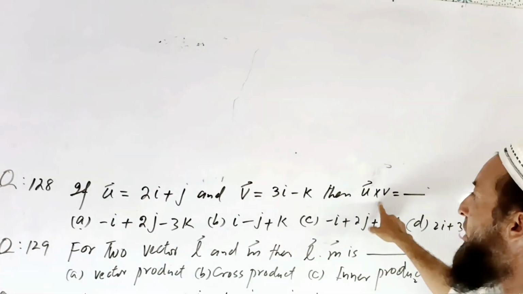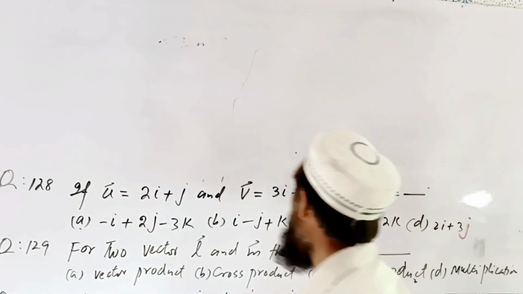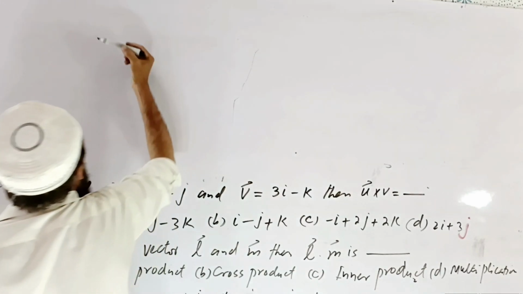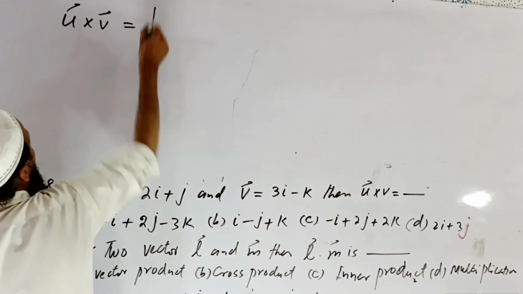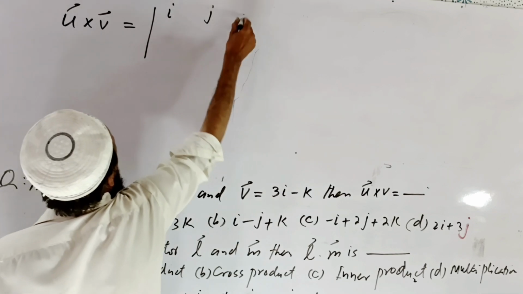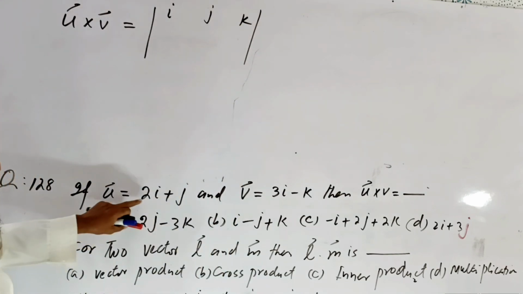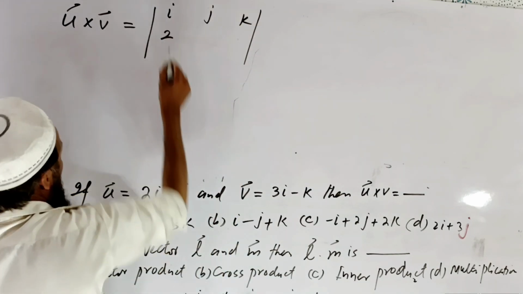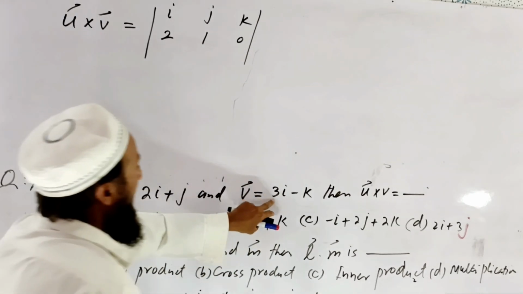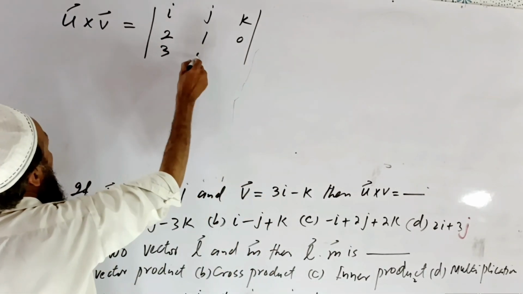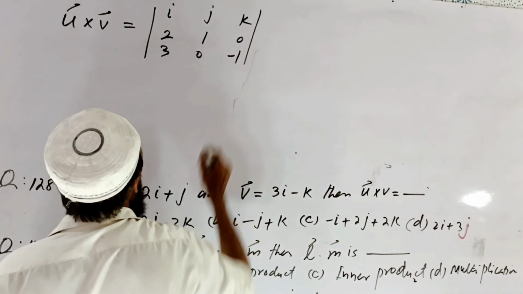Then u cross v is required. We write the cross product u cross v with rows i, j, k. The first row coefficients are 2, 1, 0 and the second row coefficients are 3, 0, minus 1.